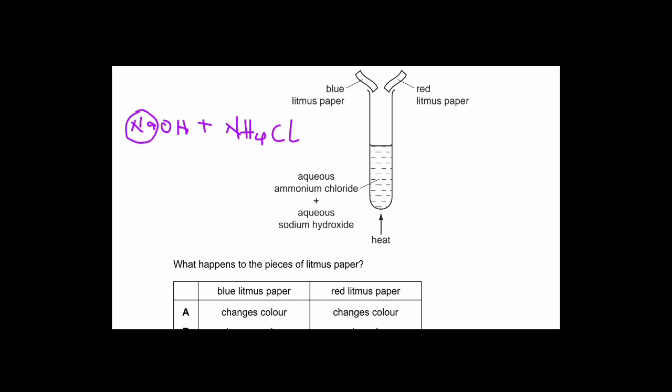Sodium will react with chloride to form sodium chloride. Then the hydroxide will get one hydrogen from ammonium. One hydrogen from ammonium will be removed so that it can react with hydroxide to form water. When we subtract one hydrogen ion from ammonium, we remain with ammonia.